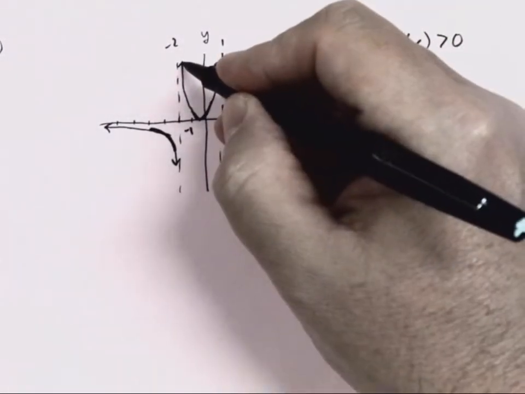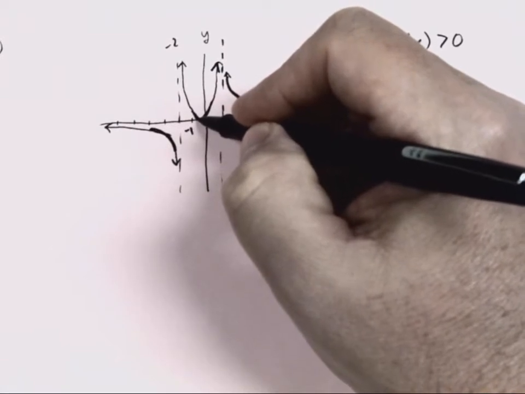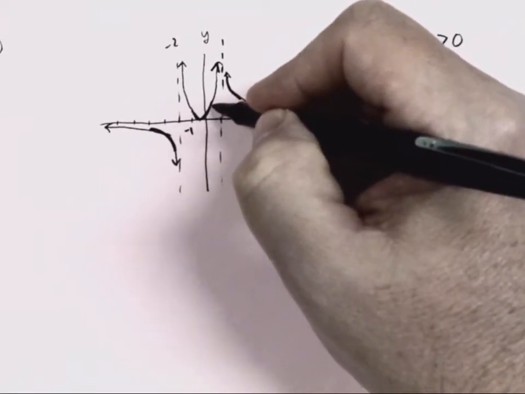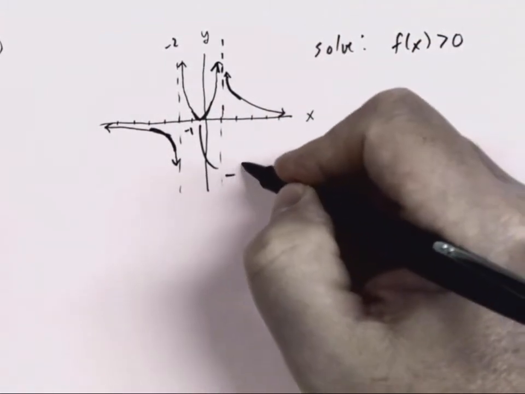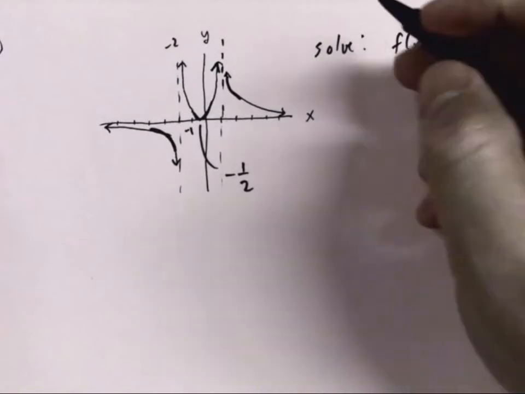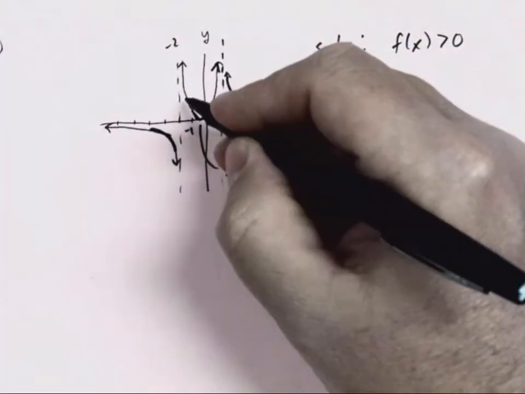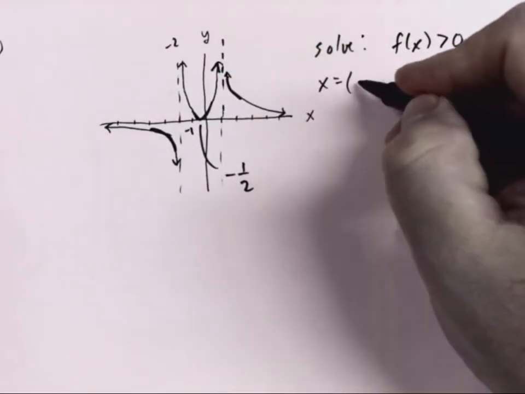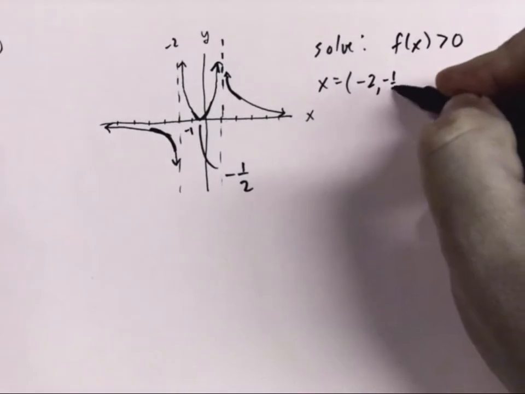The first region is the left half of this, because I have to stop. I cannot include the point here where the graph touches the x-axis, but I pick it up again over here. So if I say that point x there is like negative 1/2, the solution to this would be negative 2, where my asymptote is, and I go to negative 1/2.